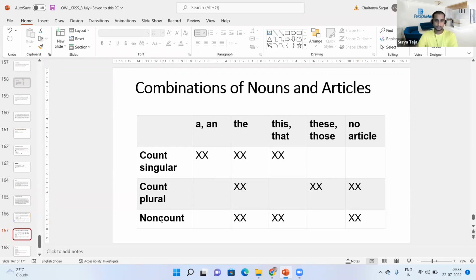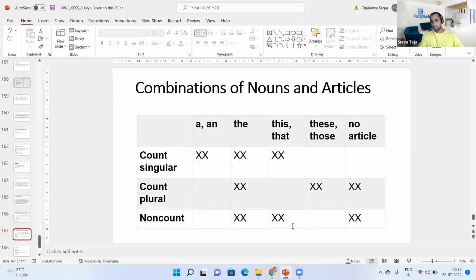And non-count nouns. So a or an cannot be used with non-count nouns. But the can be used, because it is applicable to all of those count and non-count nouns if you're talking specifically about a thing, not in general. And this or that can also be used, say for example, difficulty. If you're talking about difficulty in a thing, this is difficult or that is difficult, we often use this, but we don't say these difficult, those difficult.